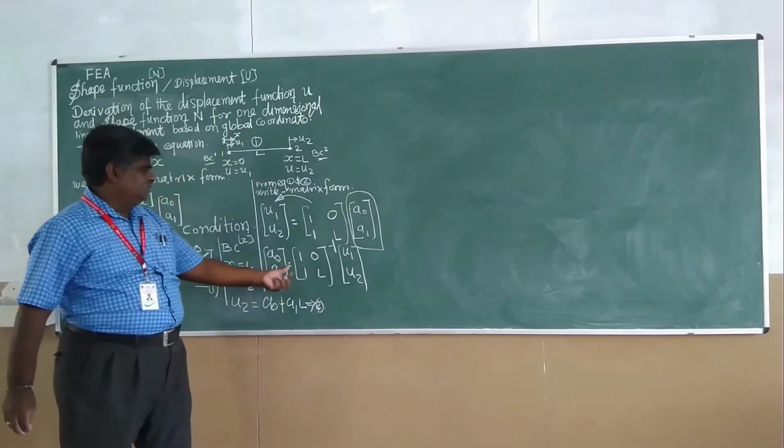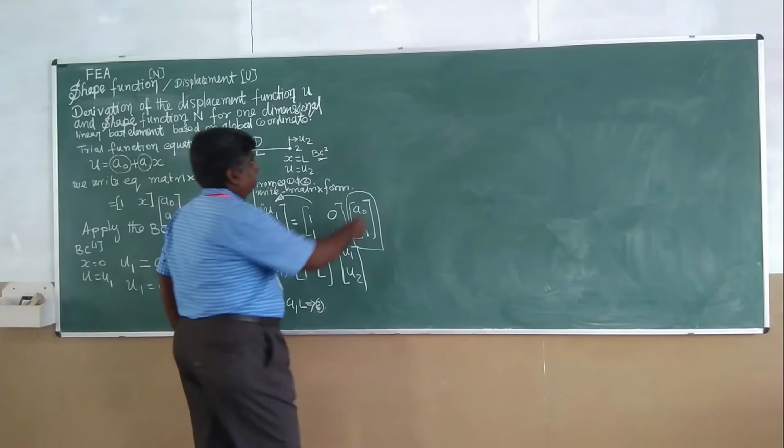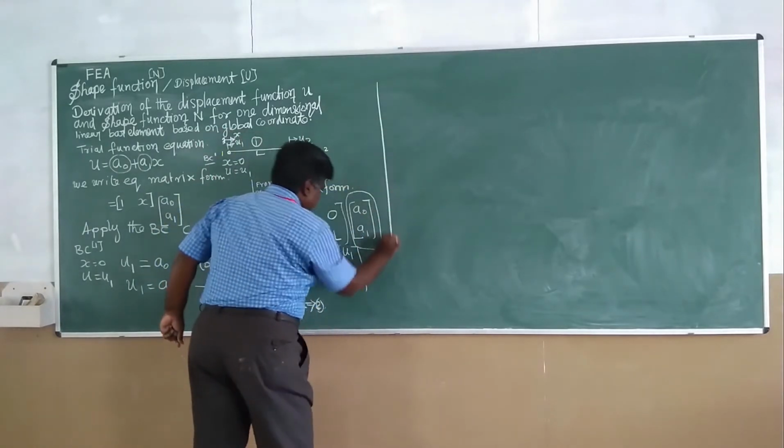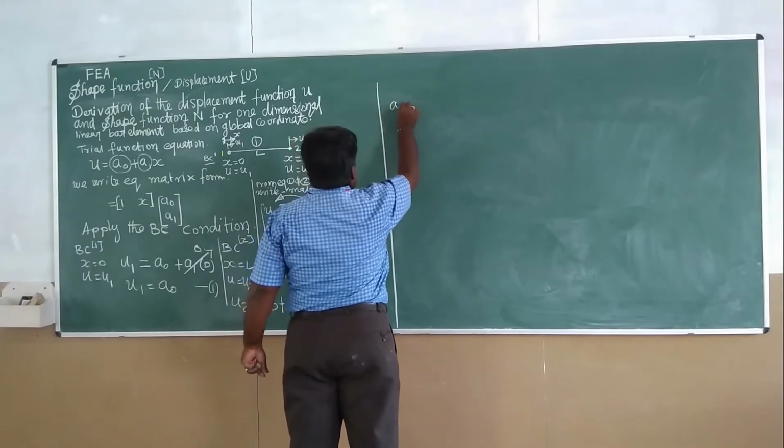So what is the formula for a 2 cross 2 inverse matrix? Recall your matrix.